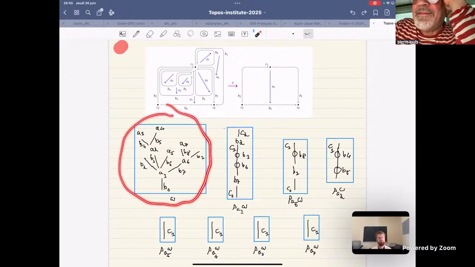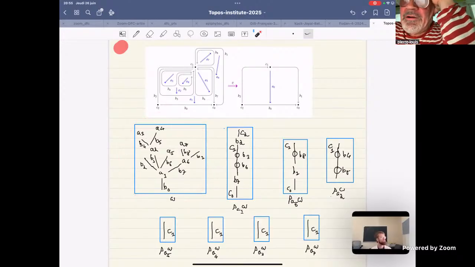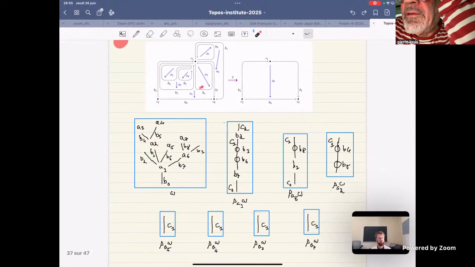But now, how can I describe, for example, the source in A1? Well, the source in A1 is something that has visibly 1 input here, 1 input here, 1 input here, and 1 input here. Okay, so it has 4 inputs.